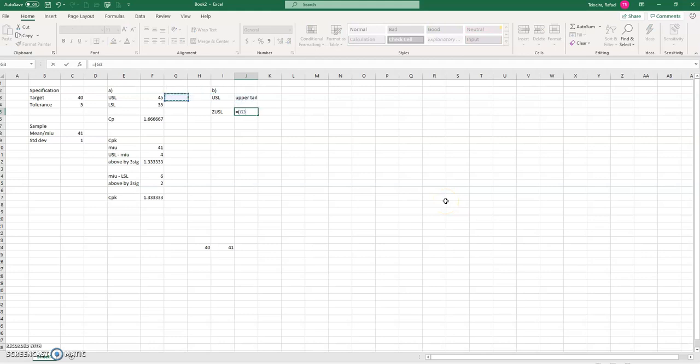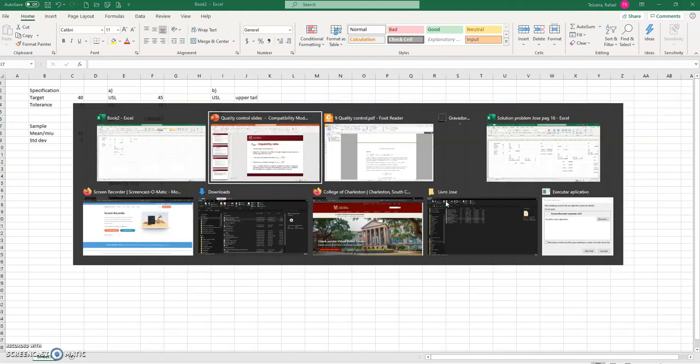I'm going to open parentheses 45 minus the mu. How much is the mu? It's 41, close parentheses, divided by how much was my standard deviation. My sigma is 1. So that's my z value associated with the upper specification limit.